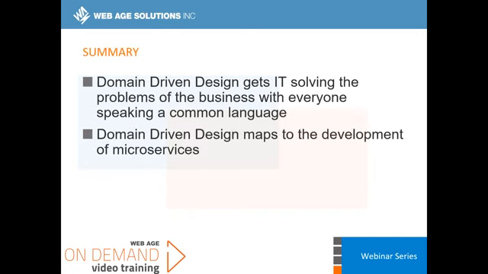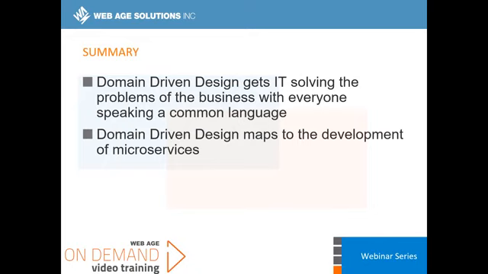So the takeaway here is that domain-driven design gets IT solving the problems of the business with everyone speaking a common language. The whole notion of a ubiquitous language is terribly significant. It's not totally new. Years ago, doing object-oriented analysis and design, we often started with what we call the domain or a conceptual model, which said, here are the elements of the problem domain, and here's how they're related to one another.